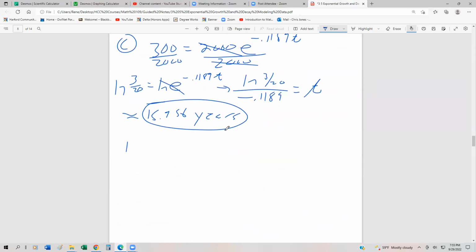So for letter D, we substitute 1,000 equal to 2,000 e to the negative 0.1189t. Again, we're trying to solve for the half-life. So basically, what year does t give us half the initial amount?